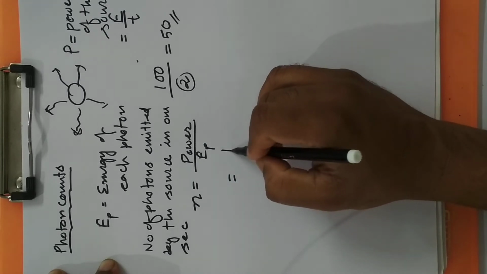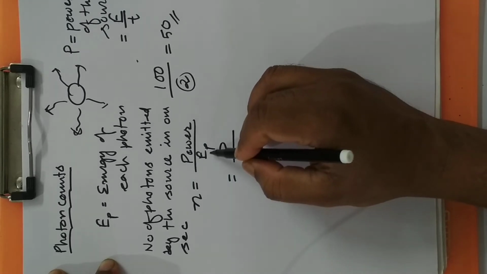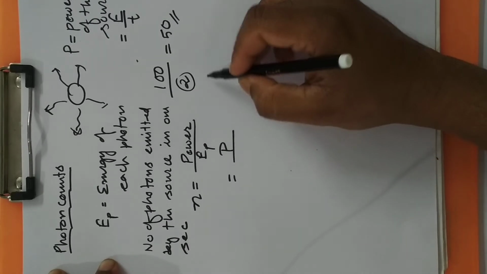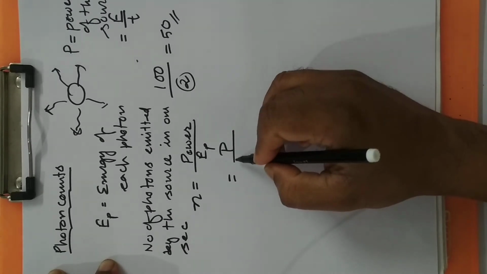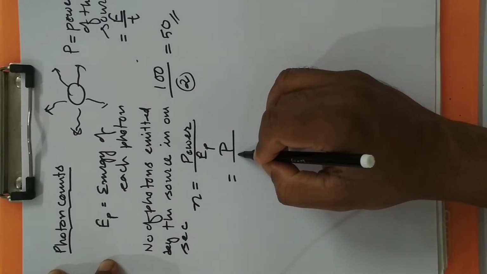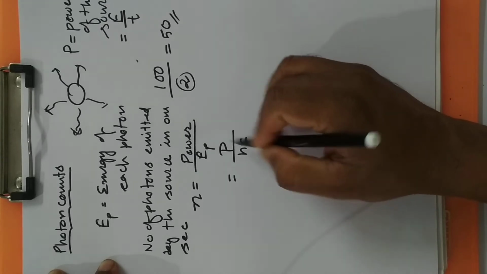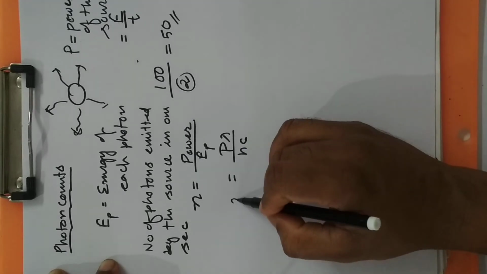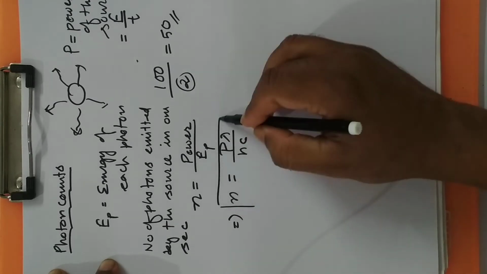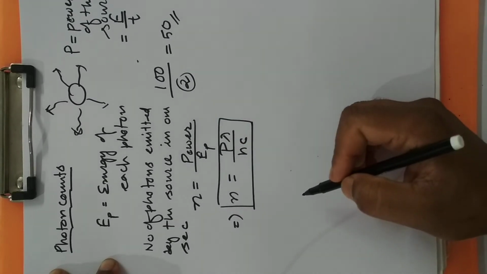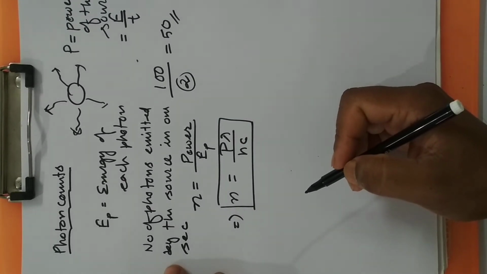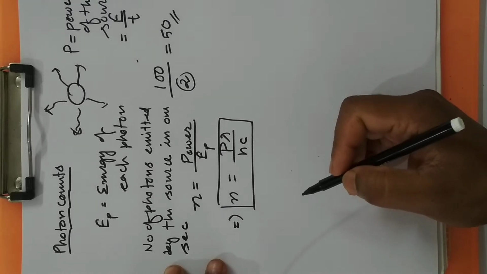We have already seen in the last video that the energy of the photon can be written as h nu or hc by lambda. So this will be the expression of the number of photons emitted by the source every second.